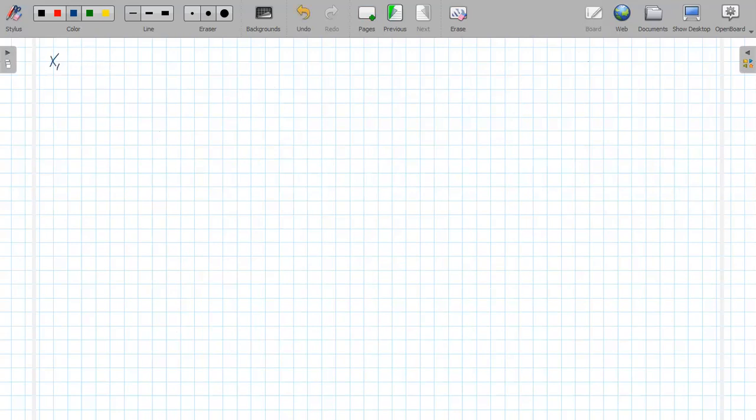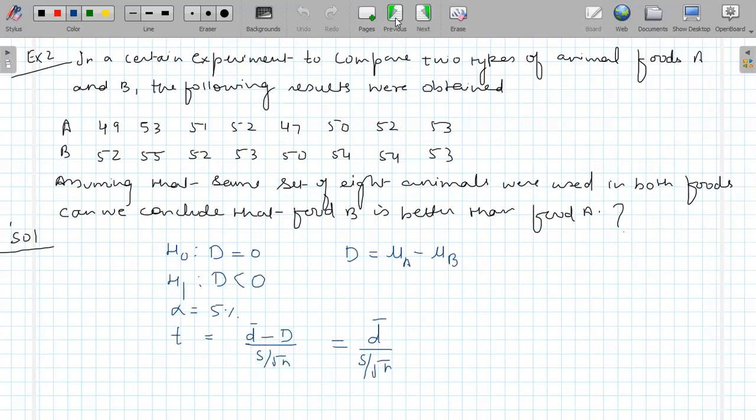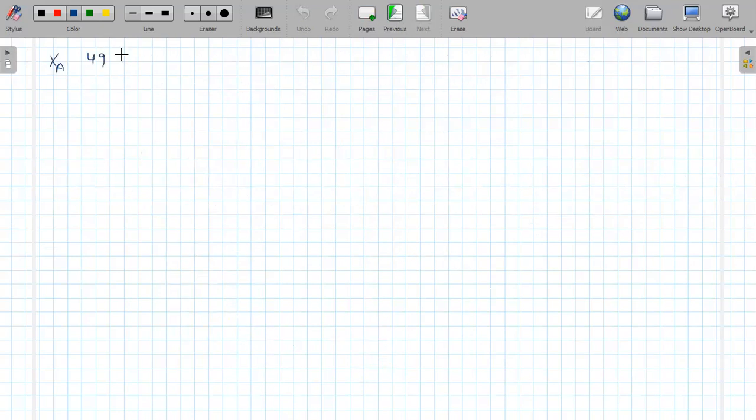To calculate D bar, we write here XA: 49, 53, 51, 52, 47, 50, 52, 53.